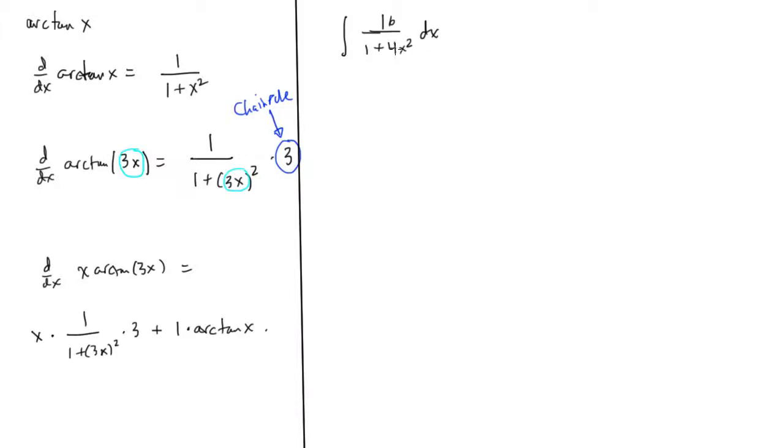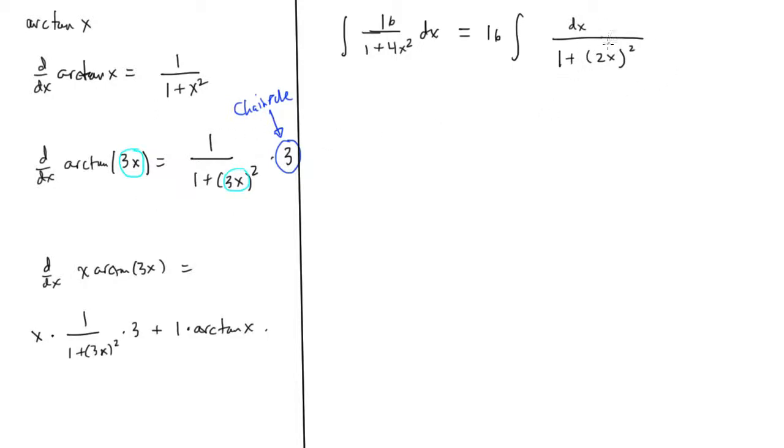So what I want to do is start to rewrite this a little bit. The first thing is, let's get rid of that 16, and I'm going to just have a dx on top. In the denominator, I'm going to think of 4x squared as really being 2x squared. You may start to see where I'm going with this. I'm going to make this look like this derivative did here.